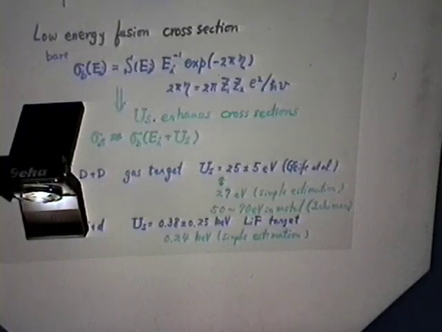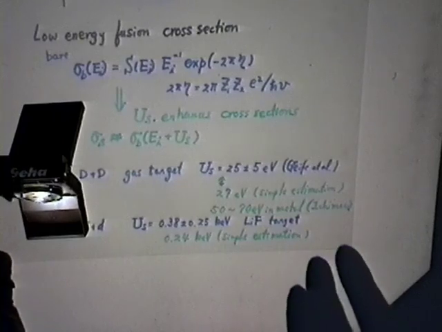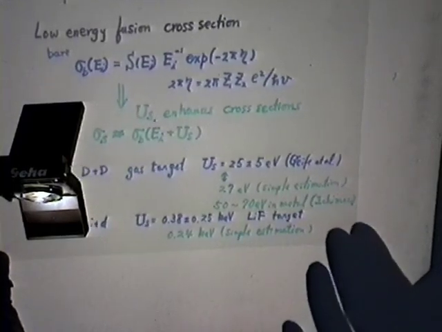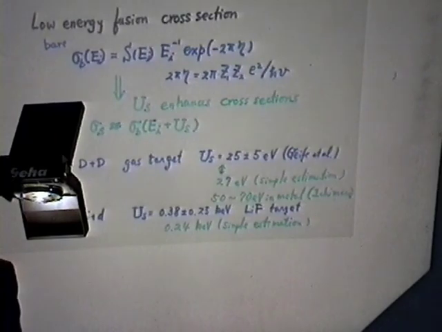And also, if the deuterium is inside a metal, it is said that the screening energy is bigger, around 50 to 70 electron volts. And also, for the lithium plus D system, there are measured values.